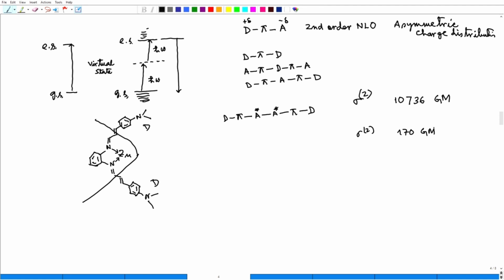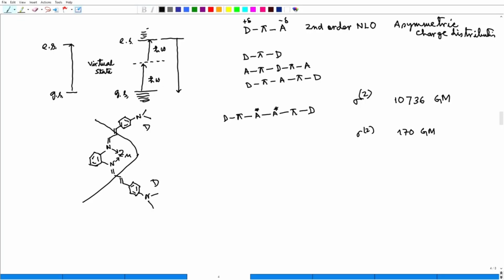So, you can see because of this it enormously increased. 10,000 GM is very good. So, this was our work and we did it with zinc.